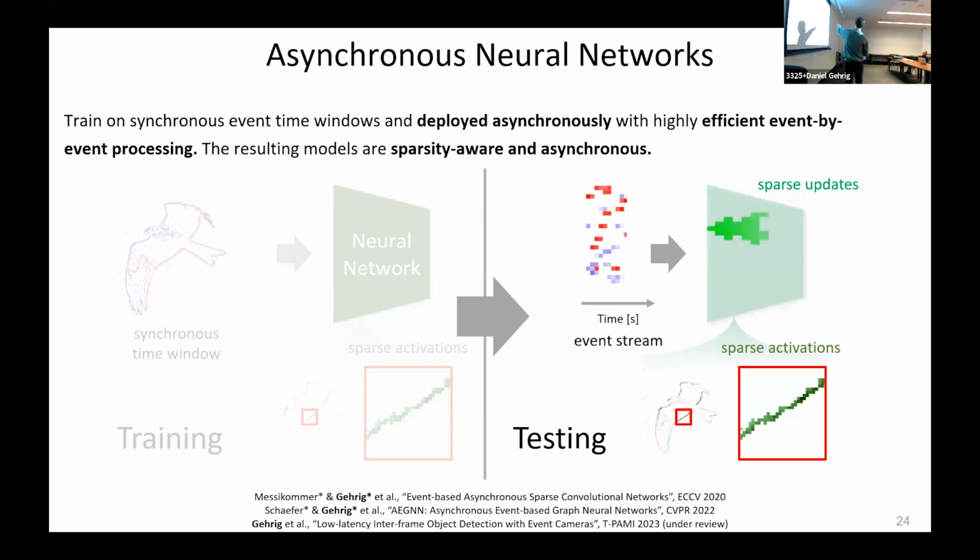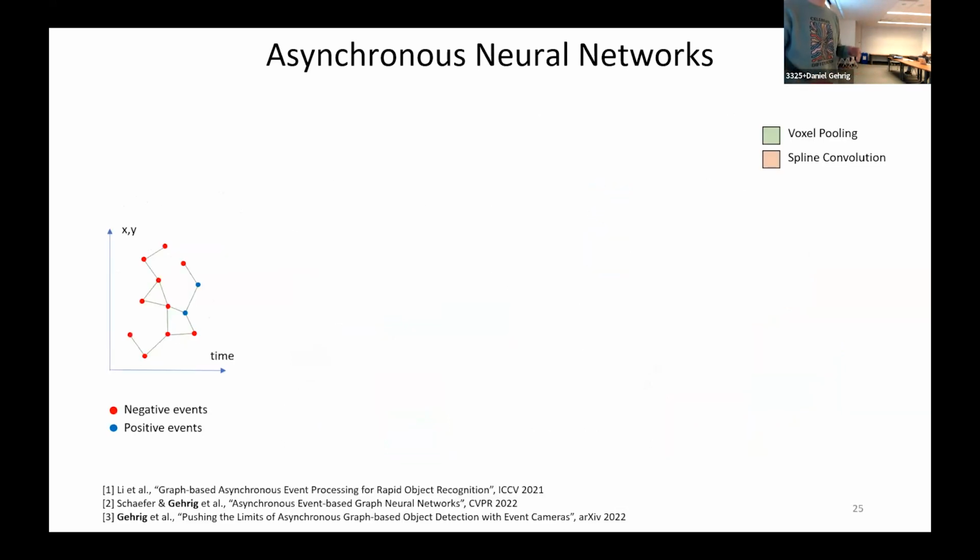This means that we can formulate these things called sparse update rules, which only update subsets of the network as the events arrive. And using these two principles, sparse activation and asynchronous updates, we can essentially enhance the efficiency of these neural networks without losing anything in terms of performance.